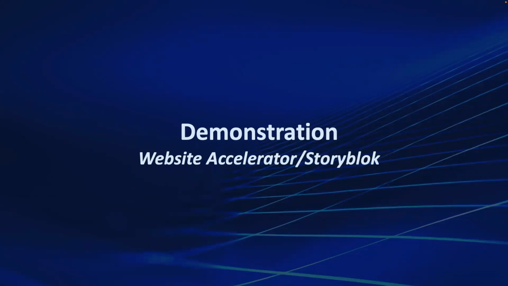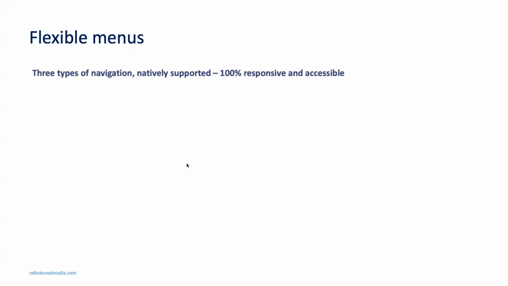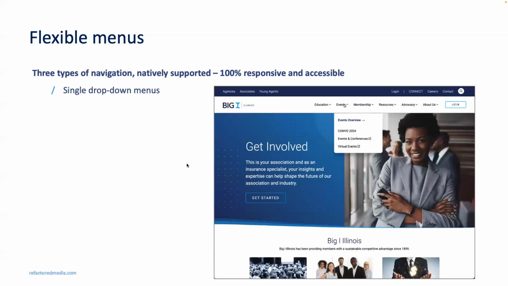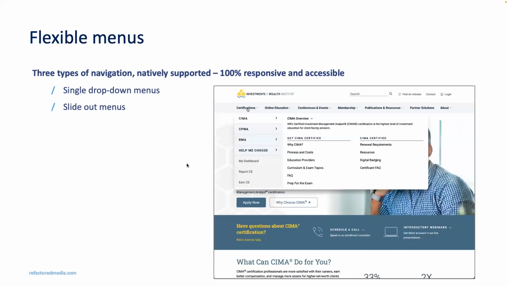The last two features I want to go over are first, flexible menus. Natively built into our solution, we have three different types of navigation. One is going to be a single drop-down menu like you see in this screenshot. Secondly is going to be a slide out mega menu. So you'll say roll over that certifications and you'll see things slide out to the right.